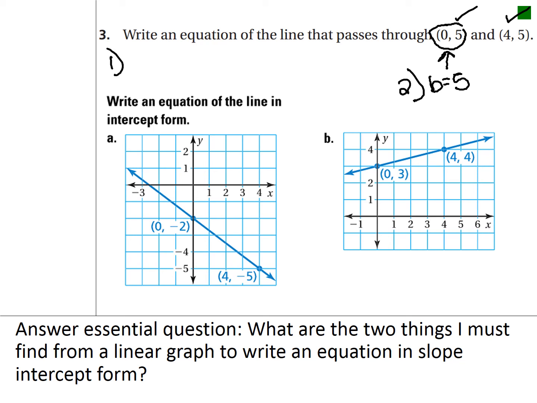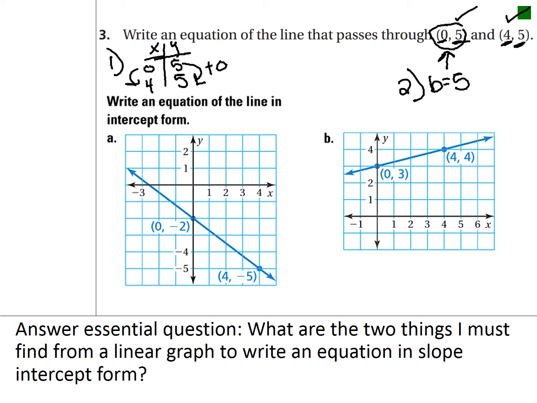We've talked about last week how to find the slope from a table. So I'm going to make a quick table. And the change in x from 0 to 4, I'm choosing the 2 x values from our ordered pairs. Our change in y goes from 5 to 5, choosing the y values. Okay, our change in y is plus 0.